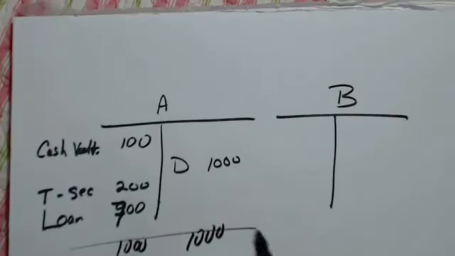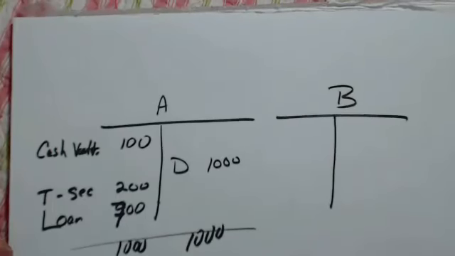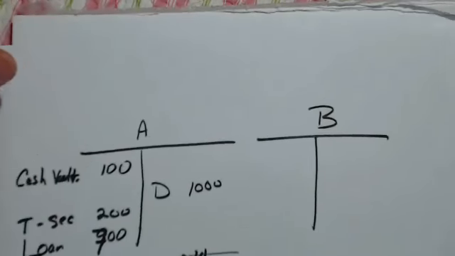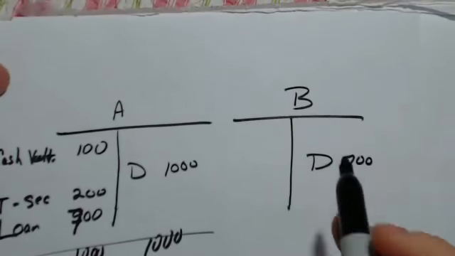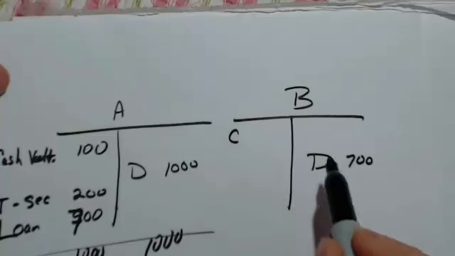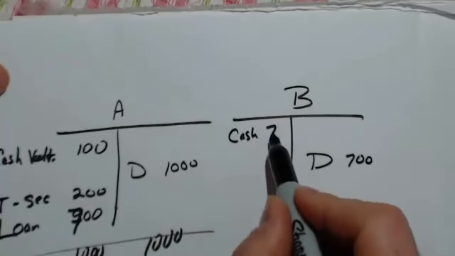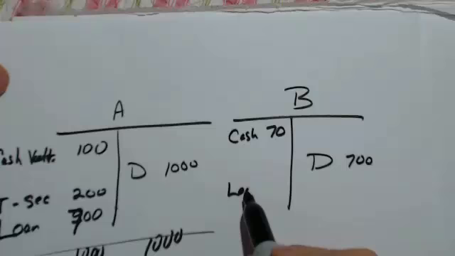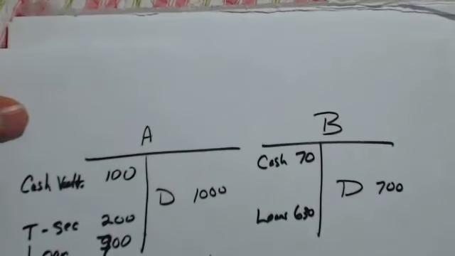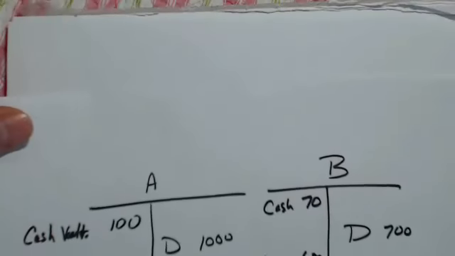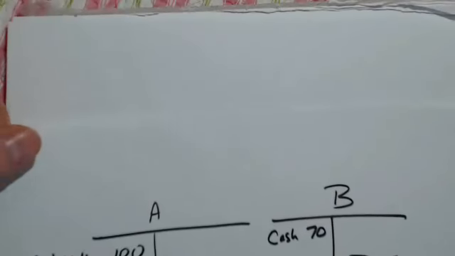Okay. Now, I'm going to leave, well, let me specify Bank B just a little bit right here. Let's say Bank B has deposits of 700, keeps cash of 70, and has loans of 630. Okay? So that balance sheet for B balances nicely. Okay.